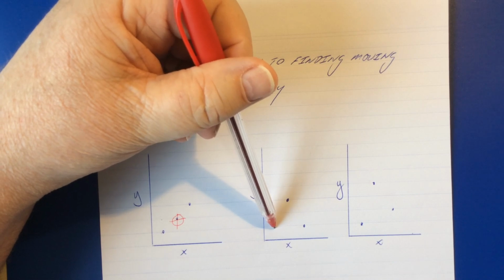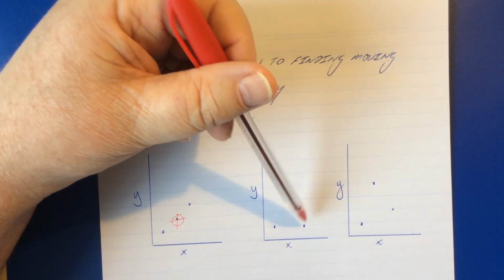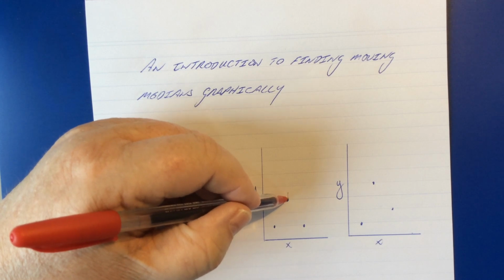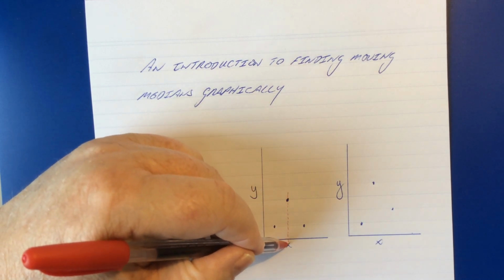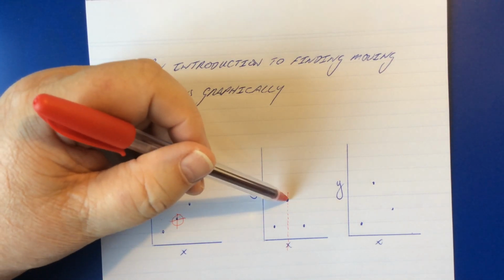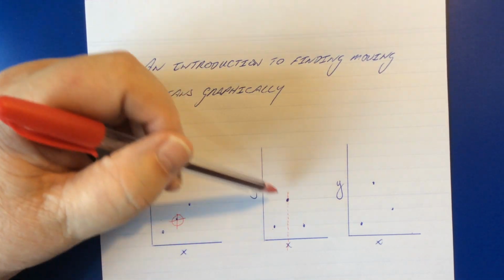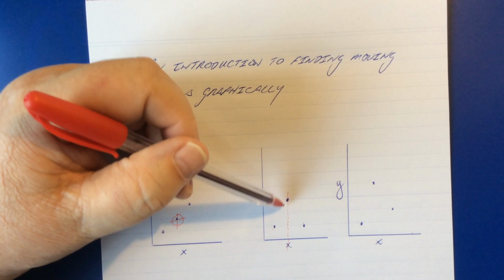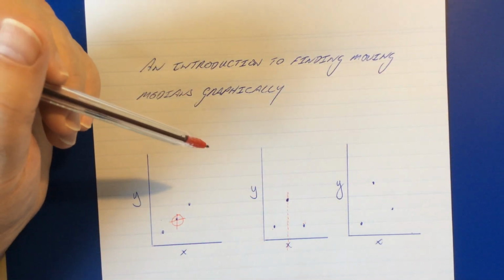Across the x-axis, 1, 2, 3. So our x midpoint is here. That's the middle value of the 3 data points. If you want to give them numbers, 1, 2, 3, the middle value is 2.